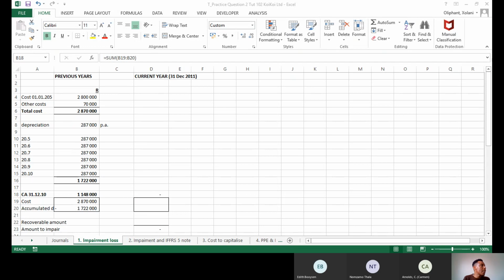So in the current year, the question is saying that, however, during the current year, there were numerous customer complaints about defective batteries. I'm reading now in paragraph 2 of the scenario. They did an investigation, and it was discovered that there is a defect present in some batches of the batteries already sold to customers.